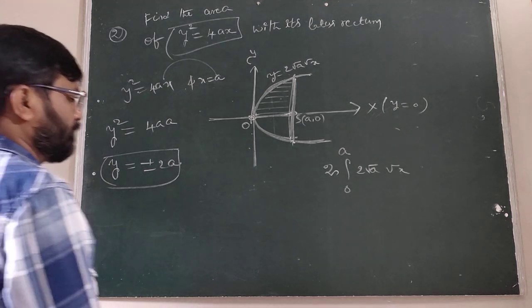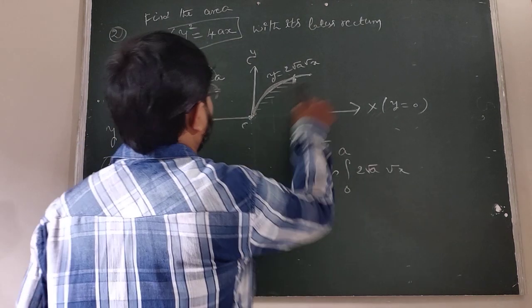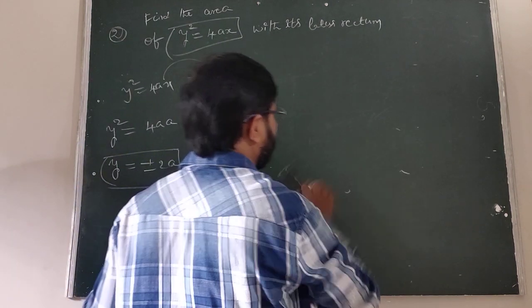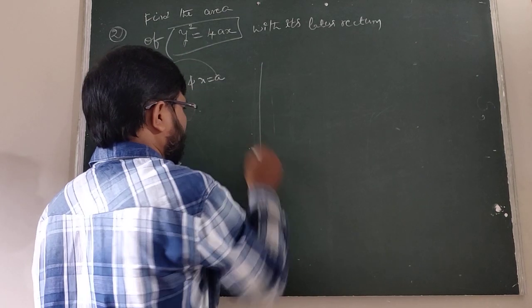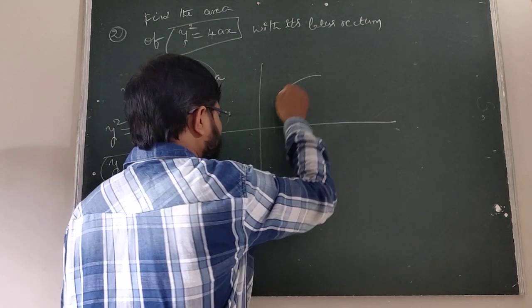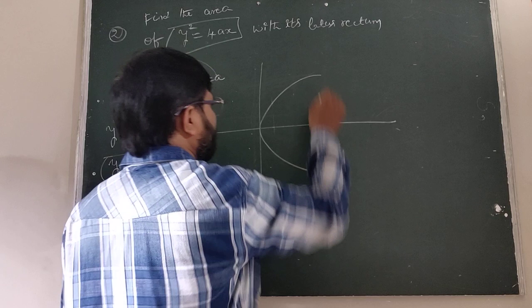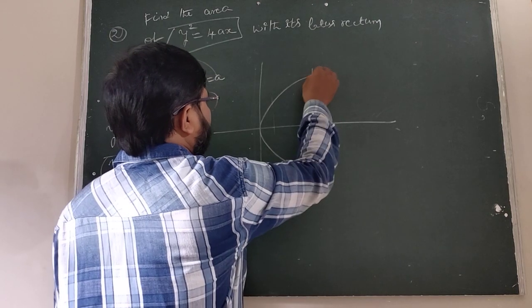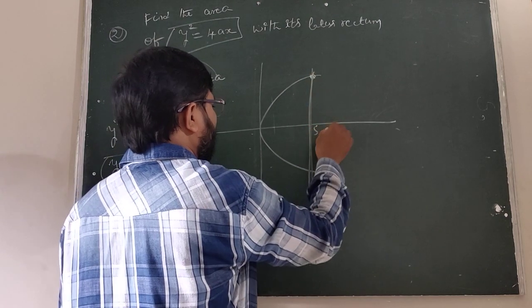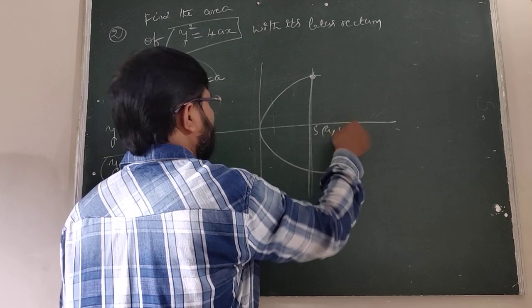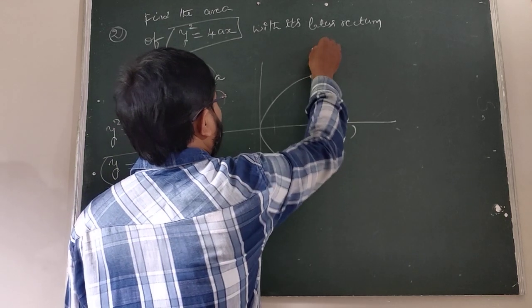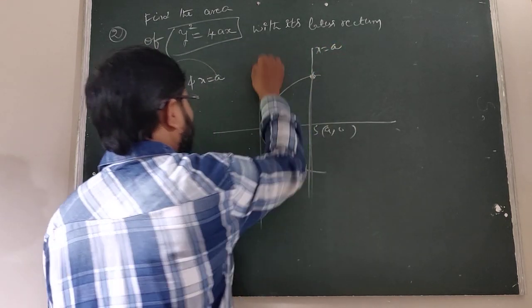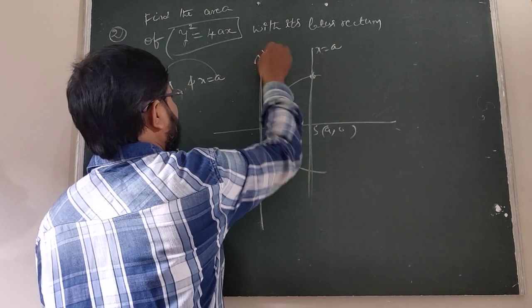How to find this area? So just 1 minute. When we are taking the graph, this is the line x equal to a. This is the focus a comma 0. What is this line? X equal to a. This is the y-axis.